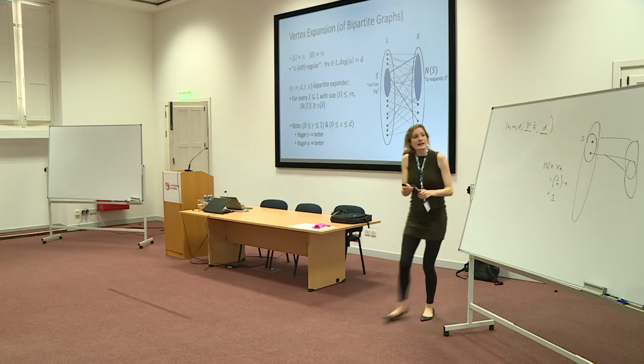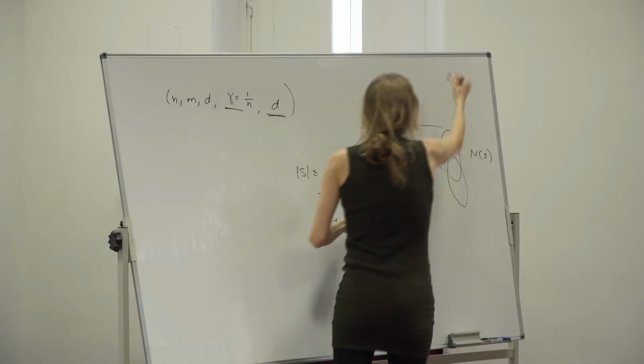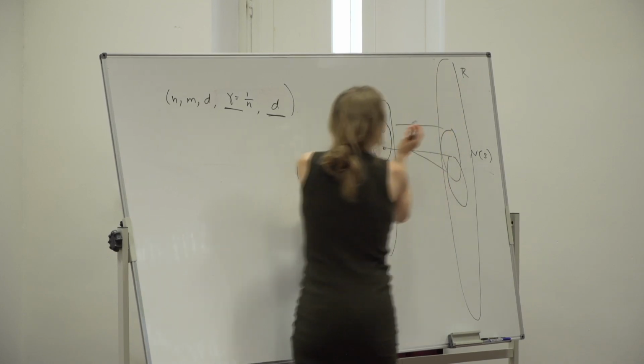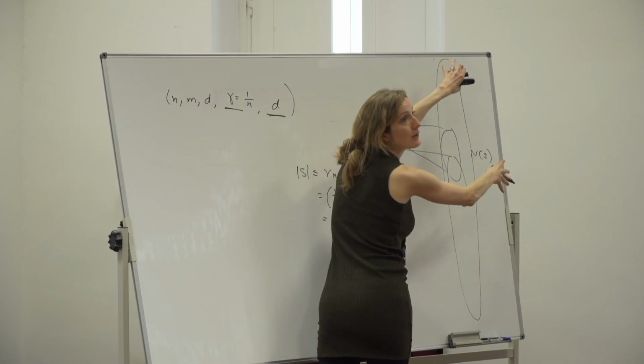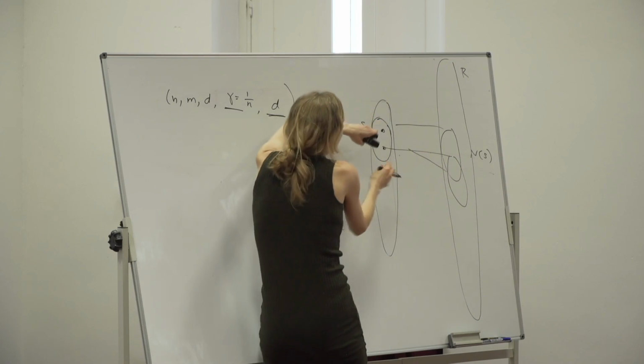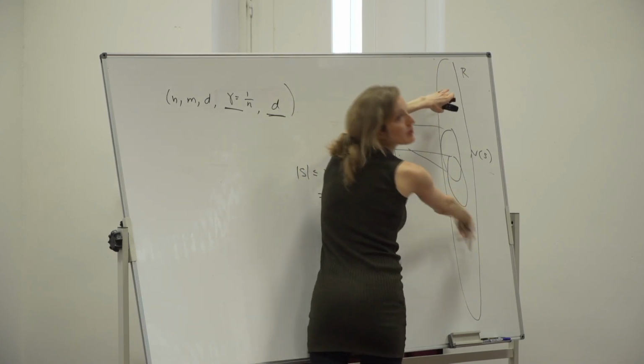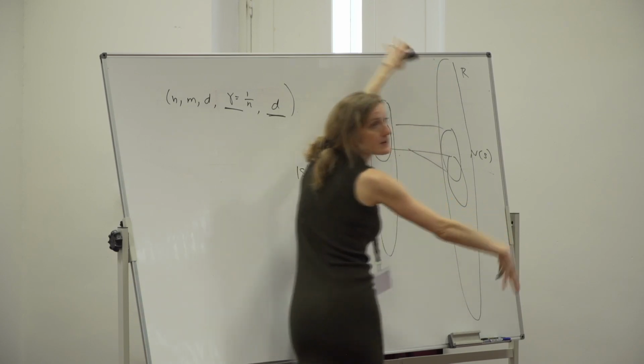In the sense that if I have more options on the right-hand side, I have more space to spread out to. So, for example, maybe I don't need these to overlap. I can put these neighbors down over here somewhere.